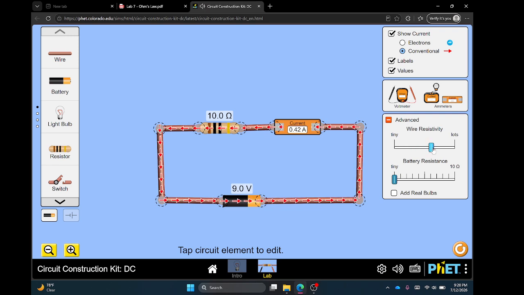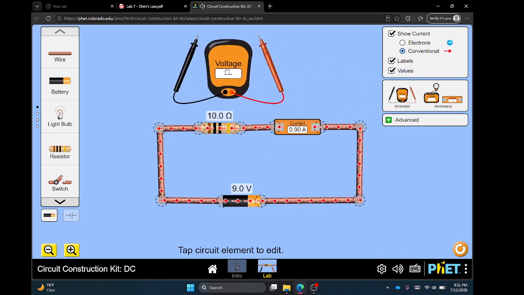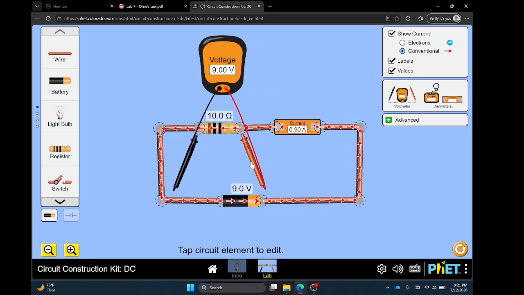So we will study this relation in the second part. For the first part, we will just keep the wire at negligible resistance. So once you have it, take this voltmeter and use these probes at each end, each terminal of the resistor.